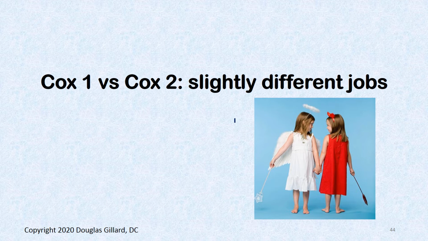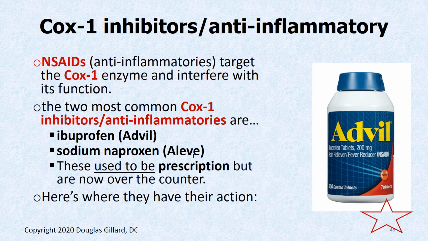And we talked about this. I kind of jumped ahead of my slides, but we have Cox-1 and Cox-2, kind of a good guy and a bad guy. I mean, they're both good guys in a way. Cox-1, again, those are the Advil and Aleve. We've already said all this stuff. But yeah, you used to actually need a prescription for ibuprofen and naproxen sodium.